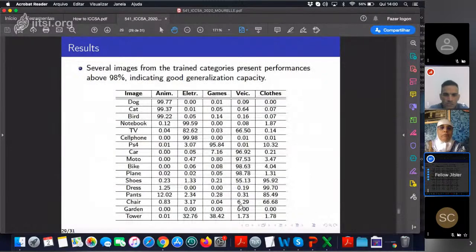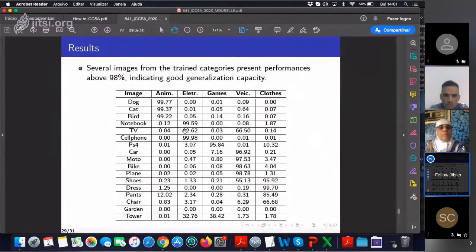And here is the set of images used in this experiment. So we can see that for animals, for example, we have dog, cat, birds, and for these we have high accuracy, indicating that this set of parameters and algorithms provides good generalization capacity.